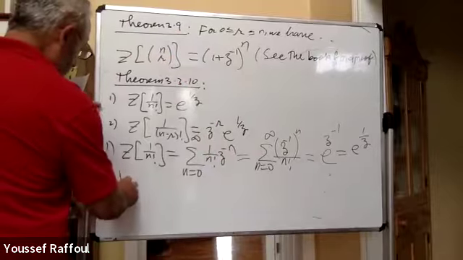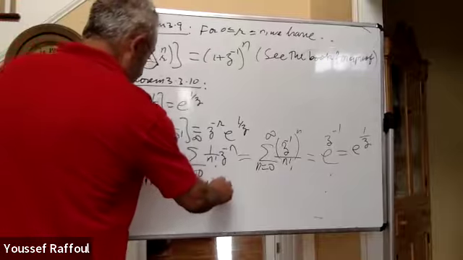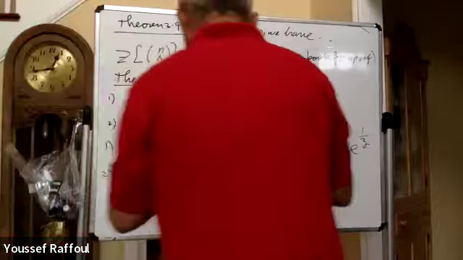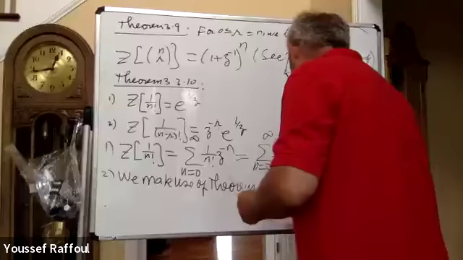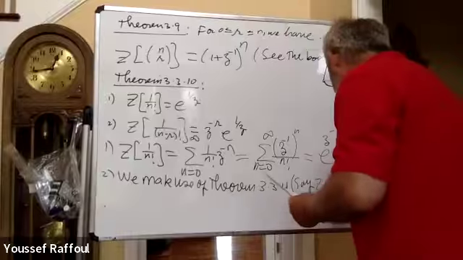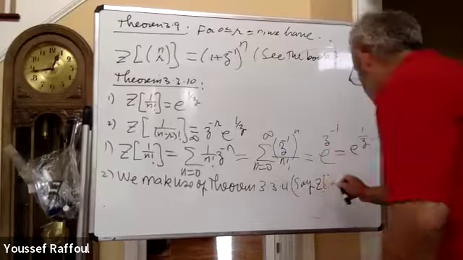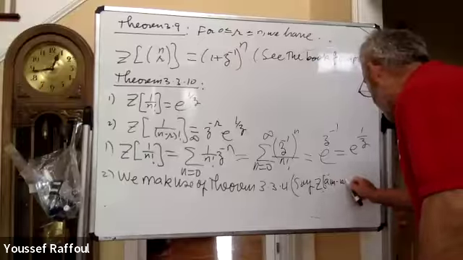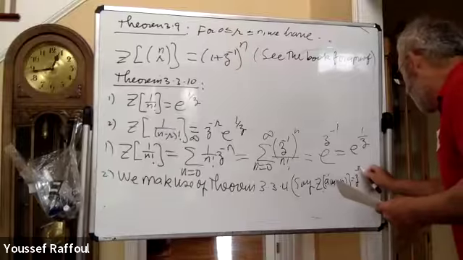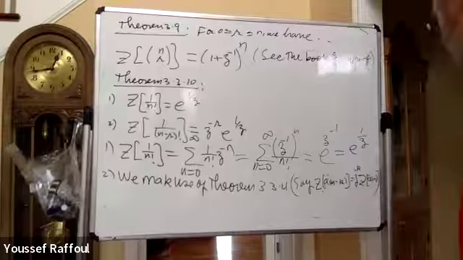For 2, we're gonna make use of theorem 3.34, which says the Z transform of a_(n minus k) is z to the minus k times the Z transform of a_n. Okay?